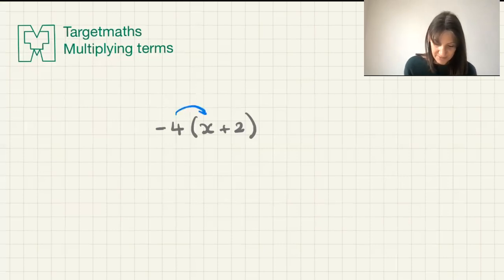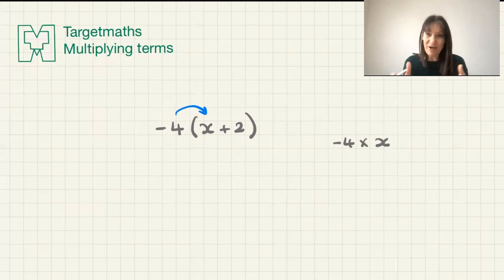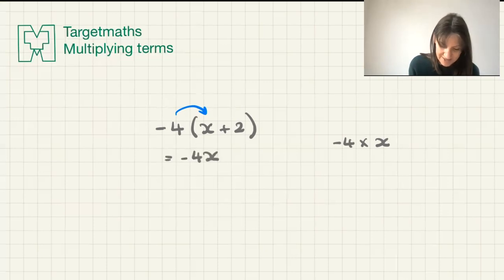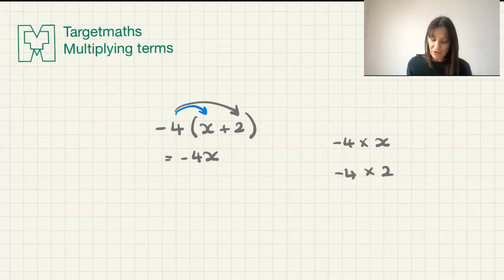Okay, so we're doing minus 4 times x. Minus 4 times x. I can see it. Obviously, I don't want to show the times sign, do I? But I can see the question now. I know I just squash it all together. So that is going to equal minus 4x. And then I've got minus 4 times a positive 2. 4 times 2 is 8.